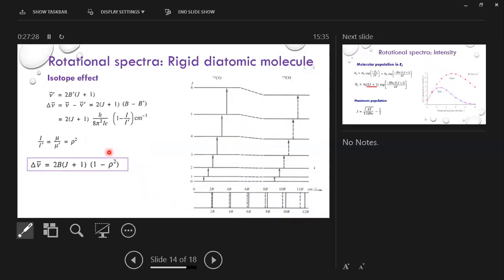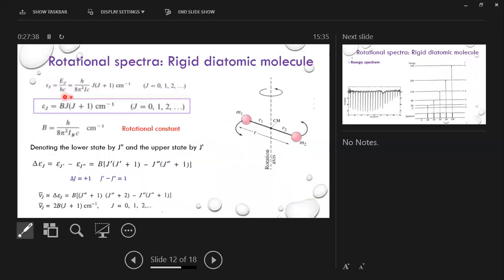Now we shall discuss the effect of isotope on the rotational spectrum. Suppose we have a molecule with the energy ν̄ equal to 2B(J+1). Suppose this is an HCl molecule, where the hydrogen is 1H1 and the chlorine is 17Cl35.